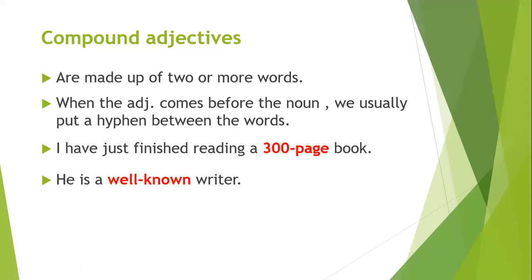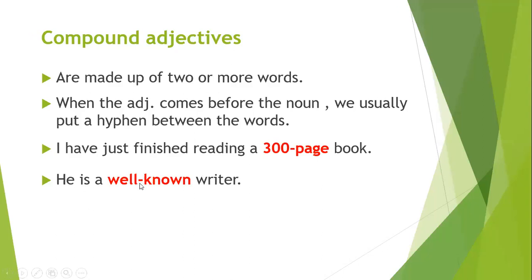It's actually a mistake if you do. So the hyphen here is a must. He is a well-known writer. So well, and then a hyphen, and then a verb, and this is all together describing or modifying the noun writer.